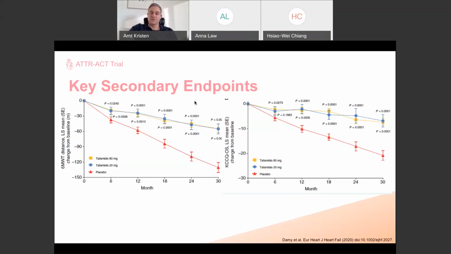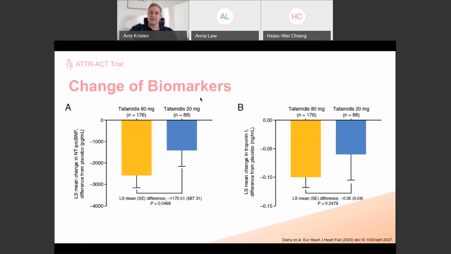And what was seen is that patients treated with the 80 milligram dose had a greater change of NT-proBNP in comparison to patients treated with 20 milligrams, and similar results have been shown for troponin I. So a higher decrease of NT-proBNP in comparison to baseline after treatment with 80 milligram tafamidis in comparison to treatment with 20 milligram tafamidis, and similar results for troponin I.